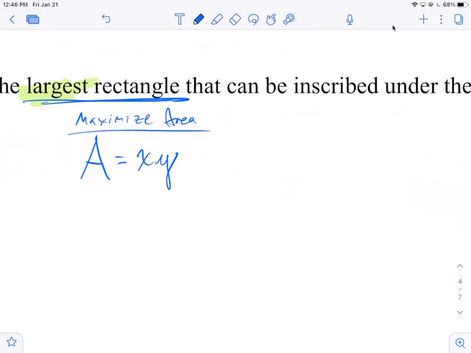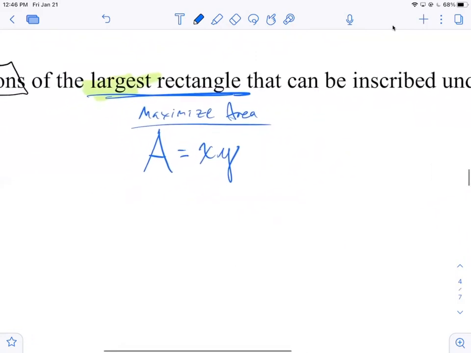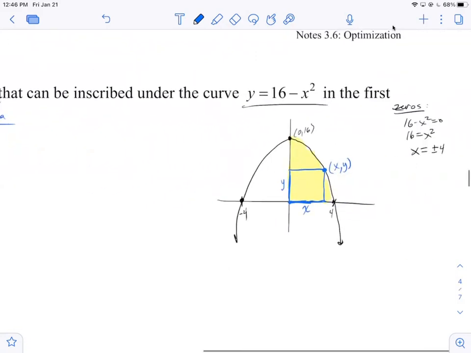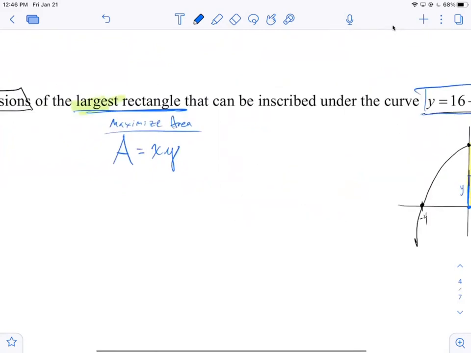That's the one I want to take the derivative of, but alas, I cannot. I have it in terms of both x and y. I need it to be in terms of a single variable. So what is the constraint? Once again, it has to be contained under the curve y equals 16 minus x squared. So that is the constraint.